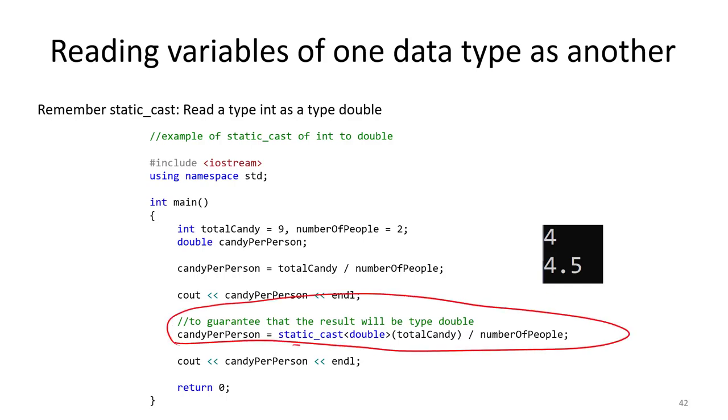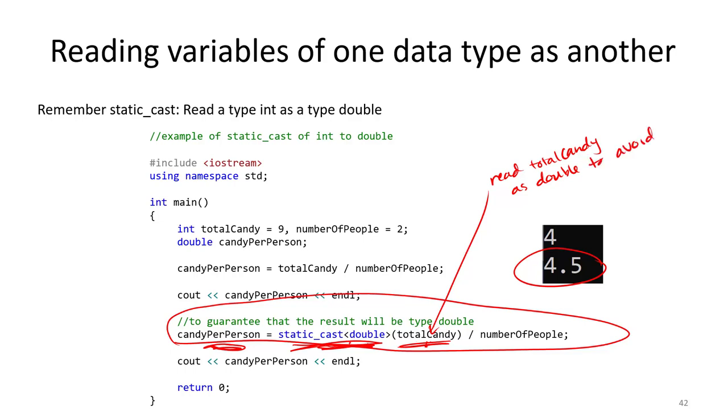So you'll remember in this case, we can see that if we want to read total candy as a double, notice that we can actually use static cast double to read total candy as a double value, and that way, if we produce a decimal, then the result of our calculation would still preserve the decimal places.